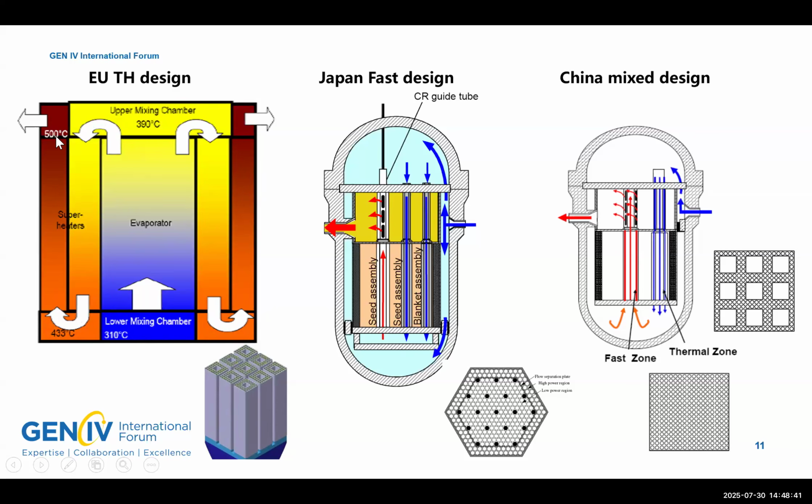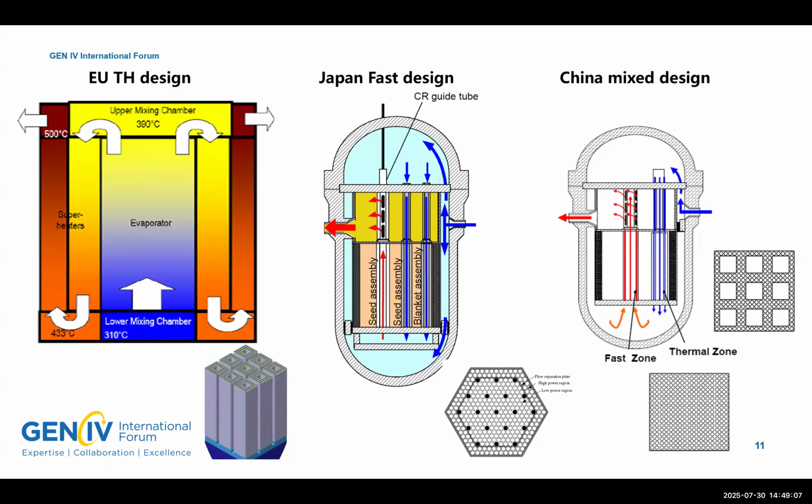So by this 3-pass design, the coolant will be heated up three times in the reactor core, and can be heated to 500 degrees C. And also you will see, because it's a thermal design, they need some moderator channels inside the fuel assemblies.